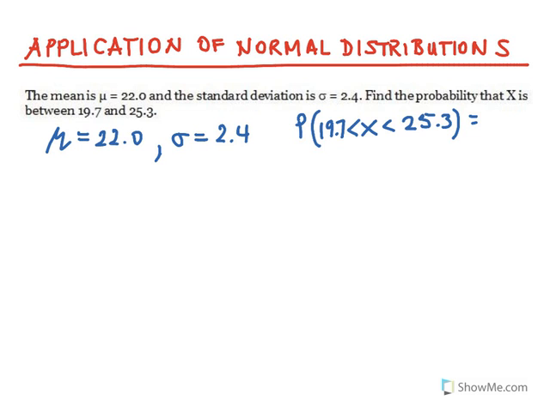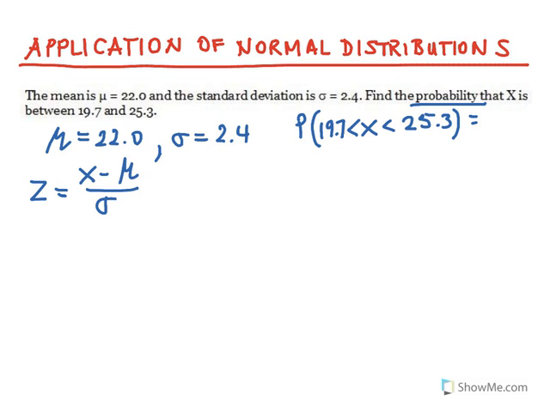Since we don't have the z-score, we can easily find the z by using the formula x minus mu over standard deviation. Why do we need to find the z? Because by knowing z, we can find the area, and by knowing the area, we know the probability.